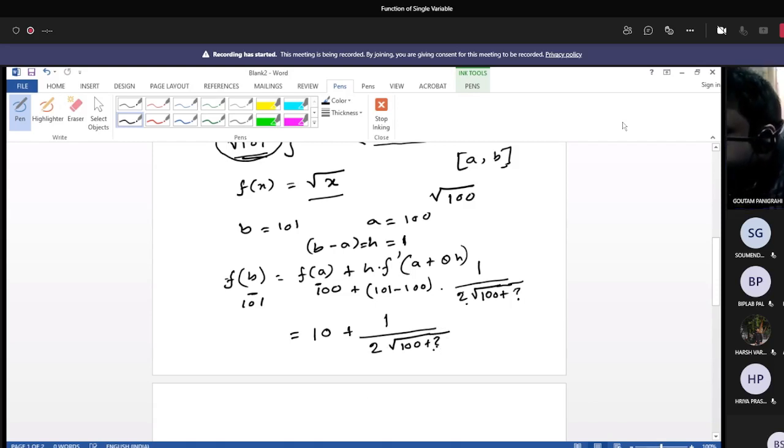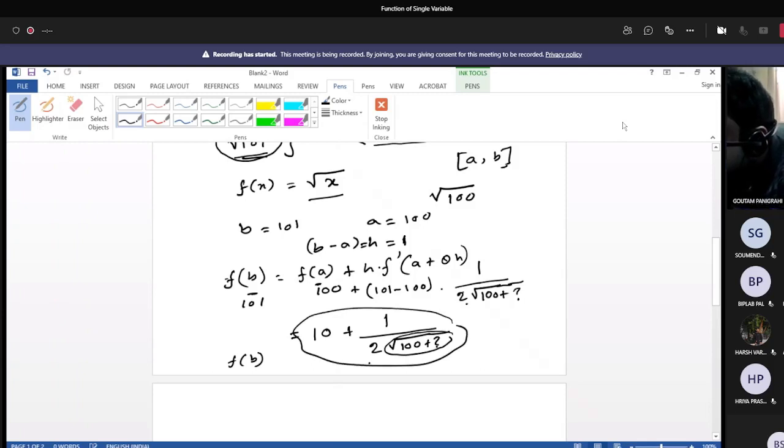So this must always be f of b. Here you see, if you increase the denominator, the total value will decrease, because this is added to 10.